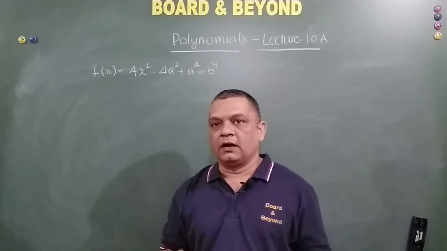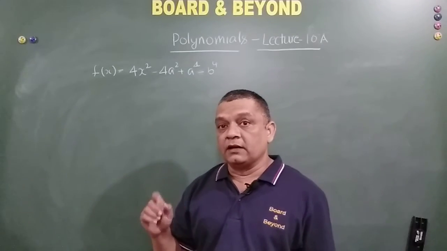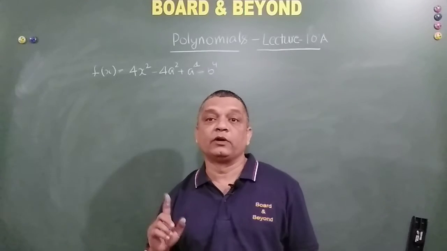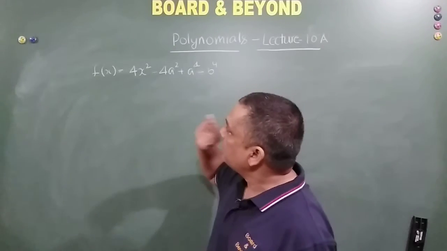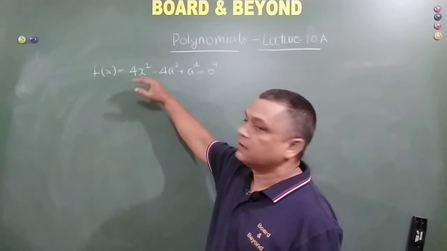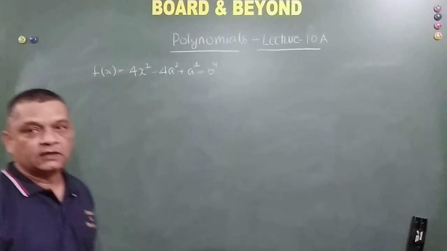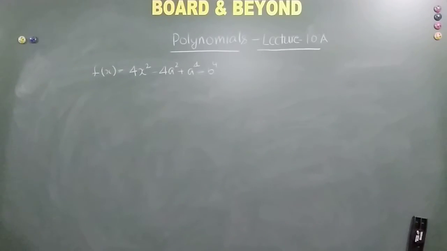Any polynomial's degree is decided by the power of the variable, not by the constants. You remember, right? The power of the variable x here is only 2, right friends? So this is a quadratic polynomial, correct?